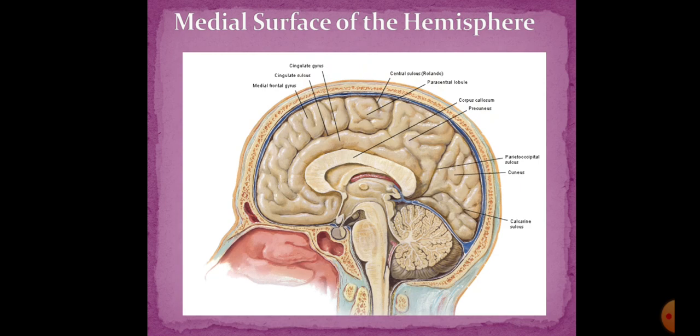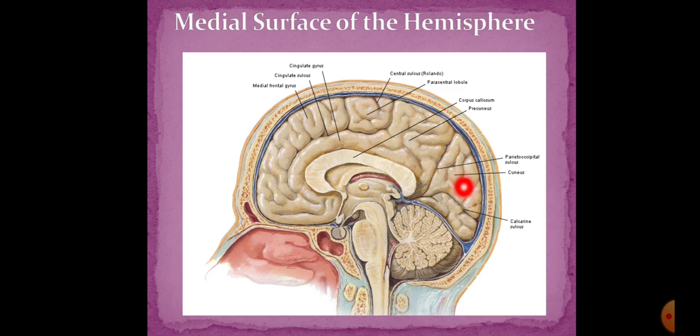On the medial surface of the cerebral hemisphere, we name the important gyri and structures. Here is the medial frontal gyrus, and this gyrus, which surrounds the central sulcus, is the paracentral lobule.